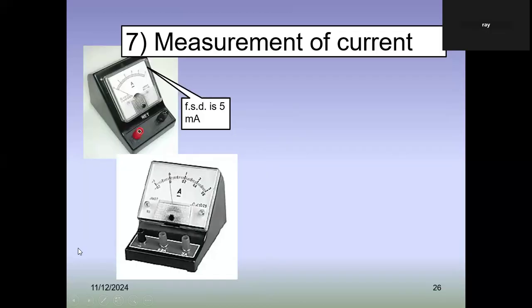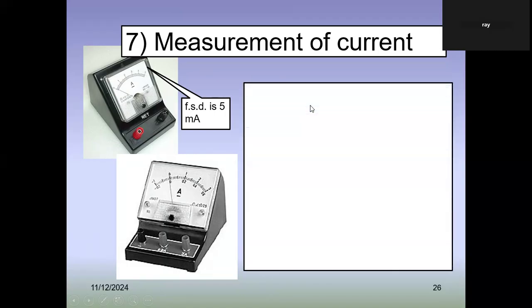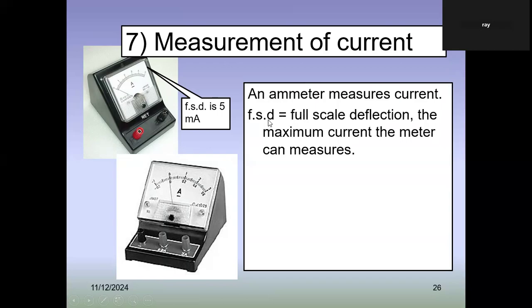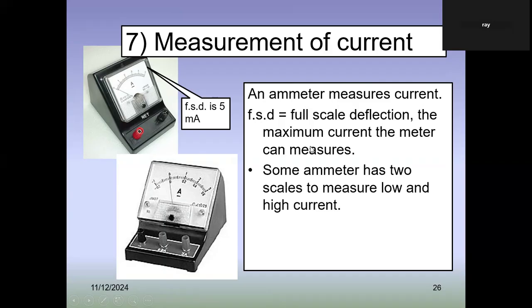Measurement of current. You can see the 5 there, so it's called full scale deflection, 5 milliampere. An ammeter measures current. Full scale deflection, FSD, is the maximum current the meter can measure. We normally will not measure more than that, or you will spoil the meter.